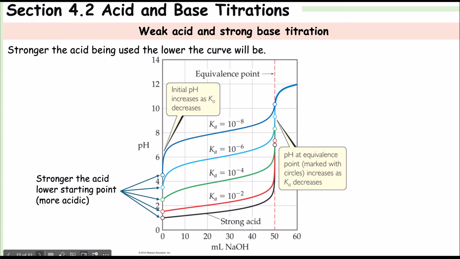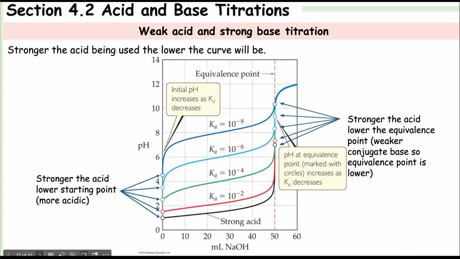Well, what about the equivalence point? The equivalence point is very similar in that the stronger the acid, the lower the equivalence point. And the reason why is because its conjugate base is weaker. So having a weaker conjugate base means that it's going to contribute to a lower pH.